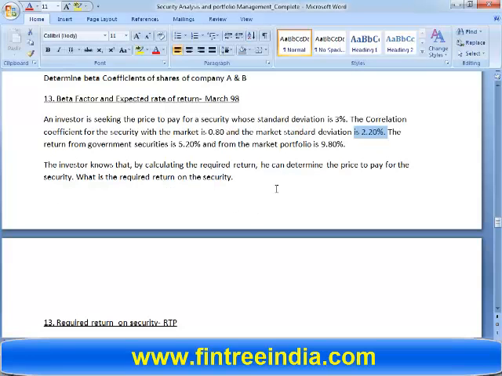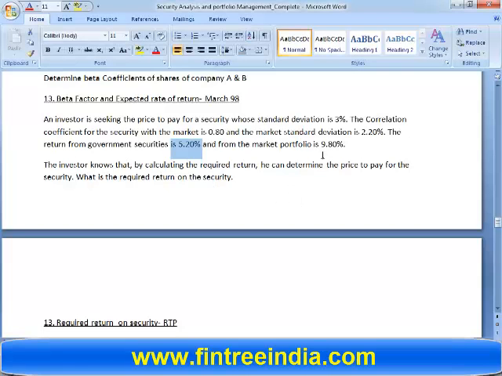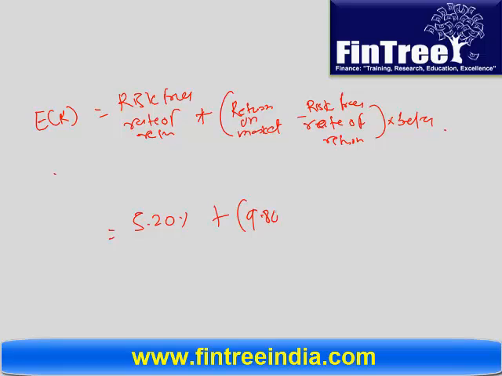The risk-free rate of return is given to us as 5.20. So this is 5.20 plus 9.80 minus 5.20, multiplied with whatever beta you had.